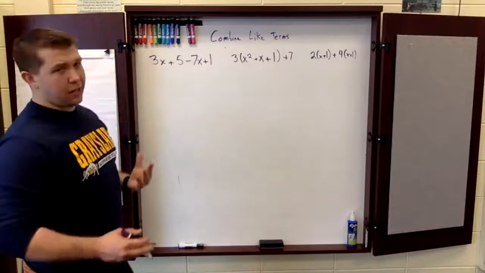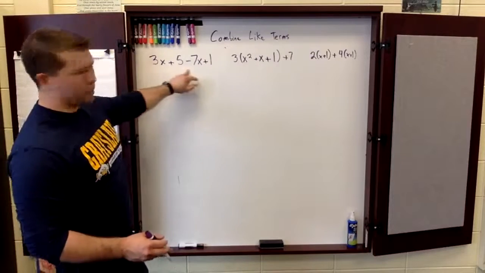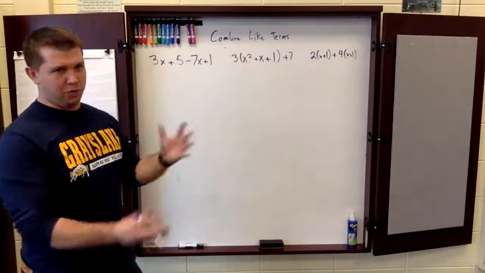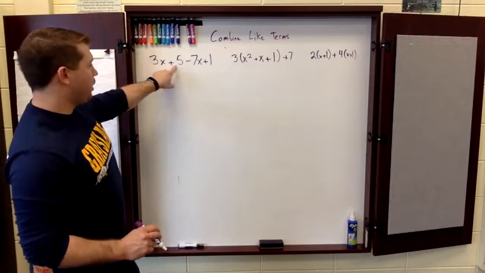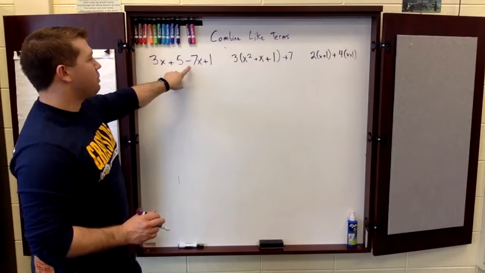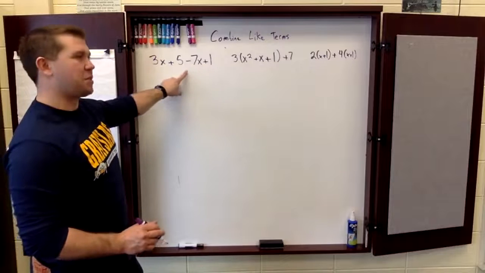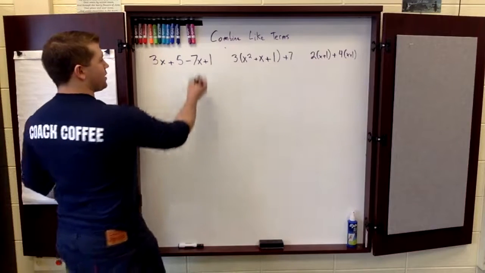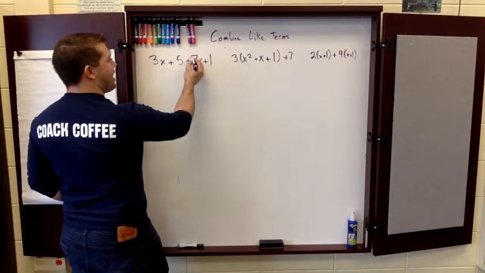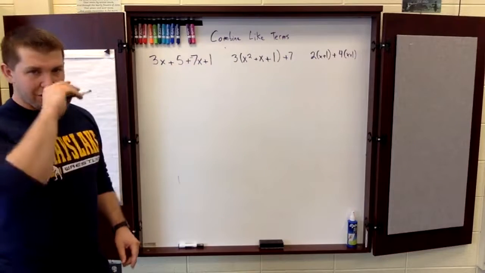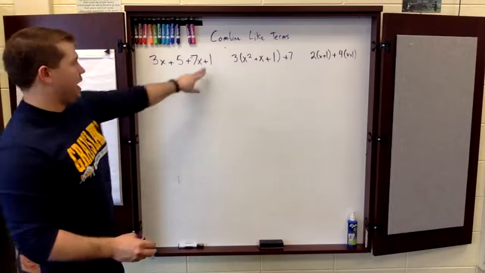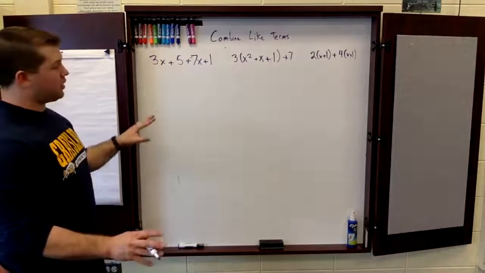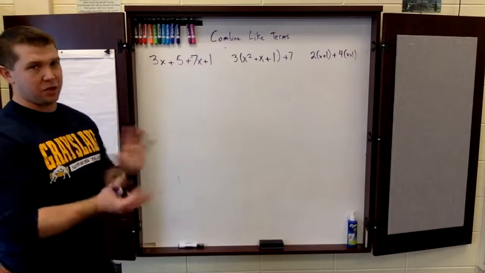So the first thing I like to do is make sure that I'm dealing with all additions so I can move things around. I have a positive 3x plus a positive 5, but I'm subtracting a 7. If I'm subtracting a 7, that's the same as adding a negative 7. Now I can move this around because the negative sign is going to follow it, and I have a positive 1. Now everything is in addition, which means I can start to move it around.